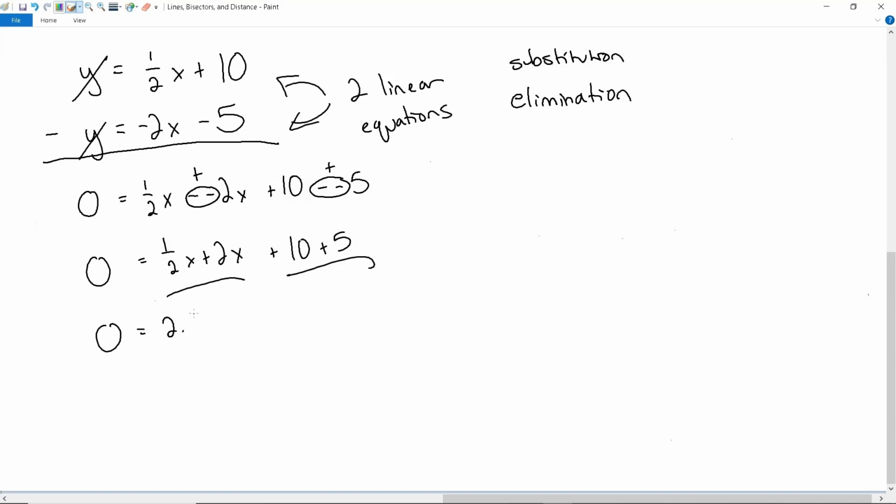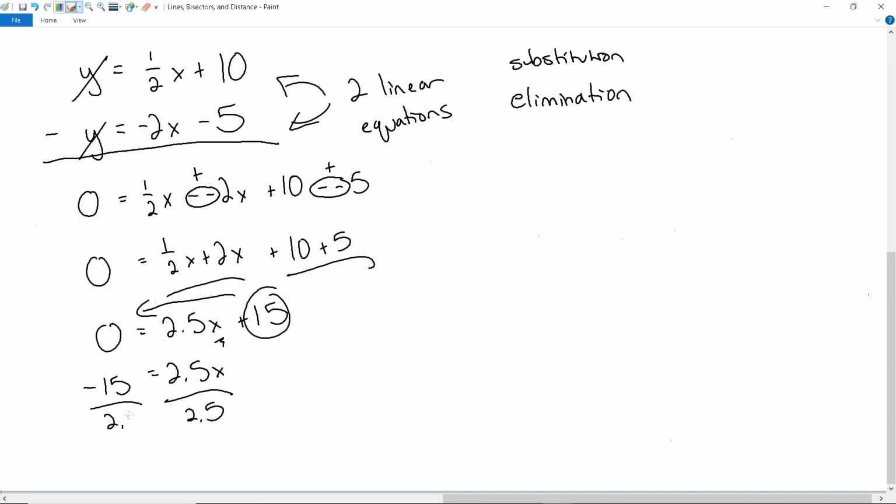So that's a 2.5x plus 15. I want to isolate for x, so I'm going to move this over here. And negative 15 divided by 2.5 is a 6. Negative 6, to be precise.